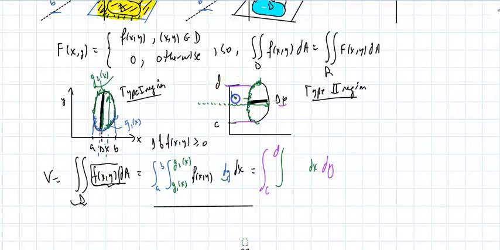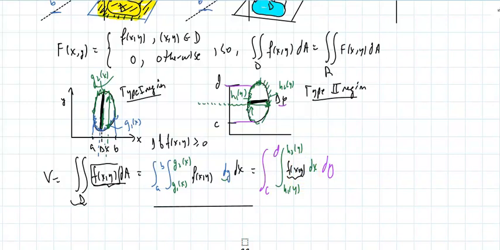I'm gonna call this h1 of y, and this is h2 of y. So where you start will be the initial, and where you terminate will be the endpoint. That's the area. If I put nothing there, that's the area. If I give it a height, that becomes volume.